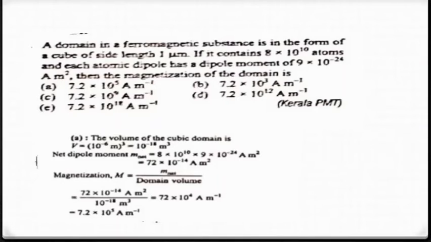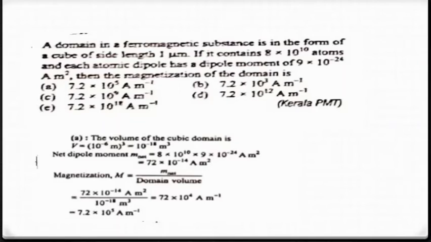Here the length is given as 1 micrometer, which means 10 raised to minus 6 meter. For a cubic domain, the volume will be the cube of the side, that is 10 raised to minus 6 the whole cube, which is 10 raised to minus 18. That will be the volume of the domain.